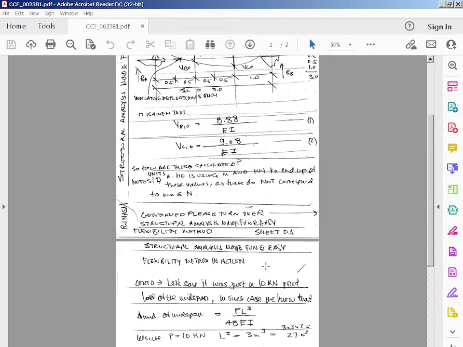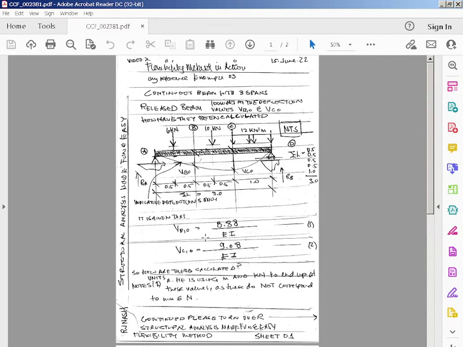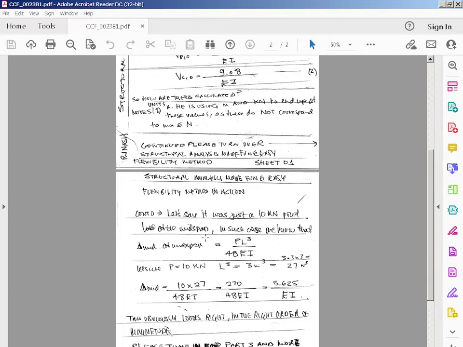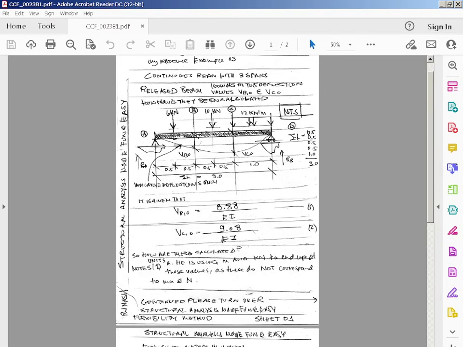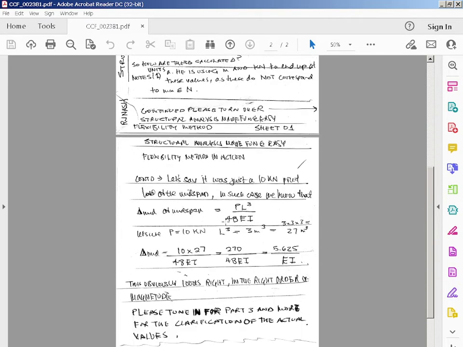So let's just quickly consider that. Consider if it was only a point load of 10 kilonewtons at the midspan, then we know that the deflection at the midspan would be PL cubed over 48 EI.